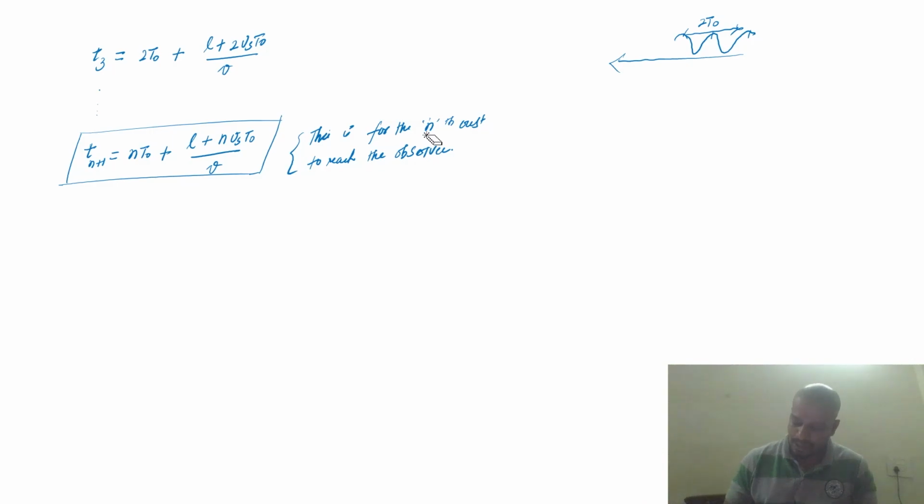Actually, here it will become the n plus 1th crest, because the first crest is T1, the second crest has time taken T2, third crest T3, nth crest Tn, n plus 1th crest is Tn plus 1, but the period will be n T0. The distance moved by the source will be n times Vs T0. So here I have mentioned the period for the n plus 1 crest will be n T0. The distance moved by the source will be n Vs T0.